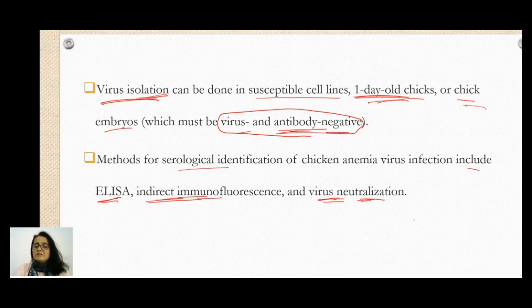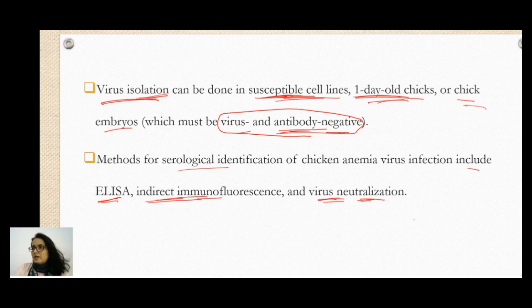For confirmatory diagnosis, we can use virus isolation techniques, and for virus isolation we need a susceptible cell line. For chicken anemia virus, we can use 1 day old chicks or chicken embryos.